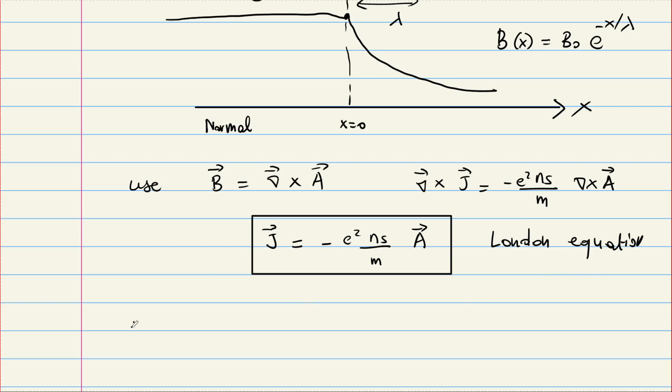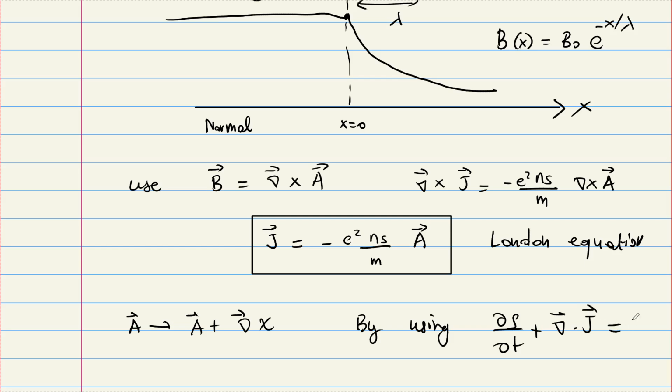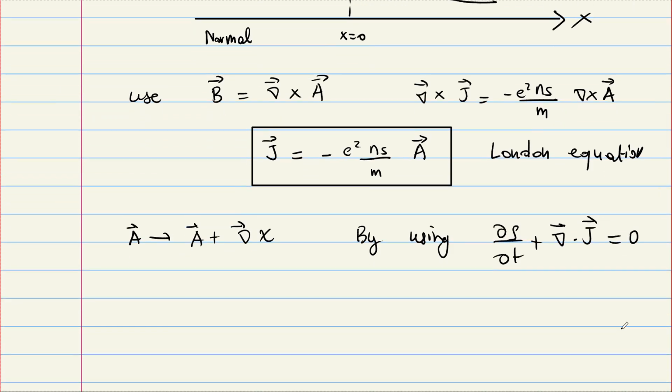But we know A goes to A plus gradient chi, right? There's this gauge invariance, and by using also the continuity equation, del rho del t plus del dot j is equal to 0. And I want to look at the DC limit, and there is no charge.